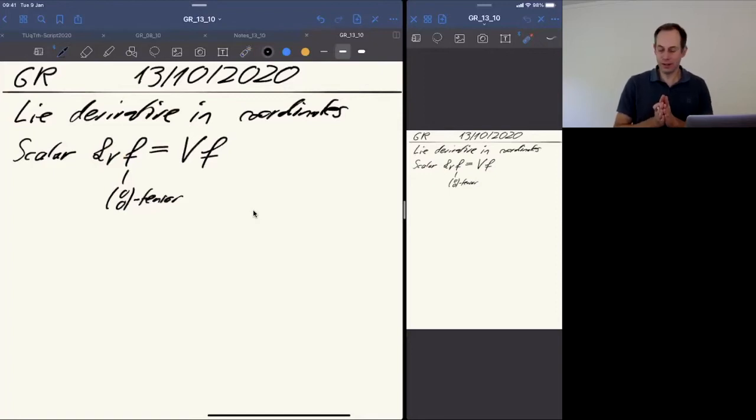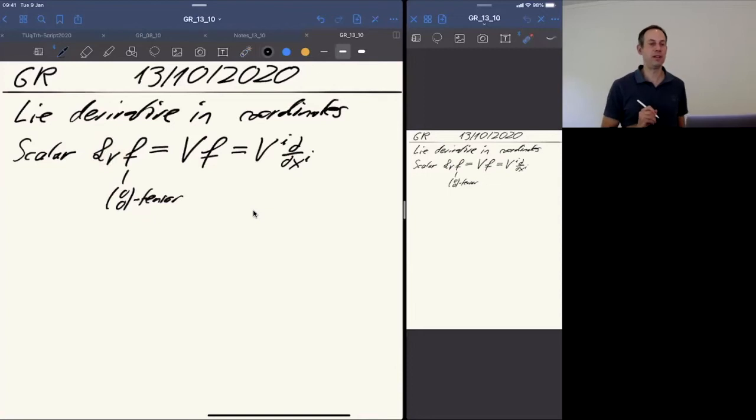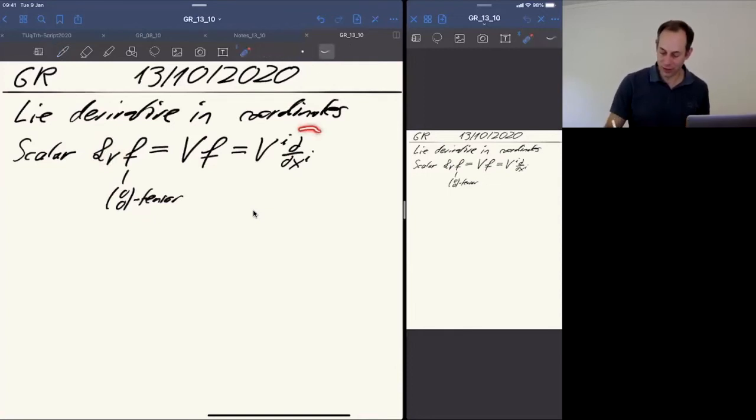So in this sense, the Lie derivative of a (0,0) tensor is just the derivative induced by the notion of a vector. And therefore, we already know how it looks in coordinates, because a vector can be expanded in a basis, and the basis vectors are these objects that look like partial derivatives, but they're not, they're vectors in our way of thinking, and this whole thing acts on f.